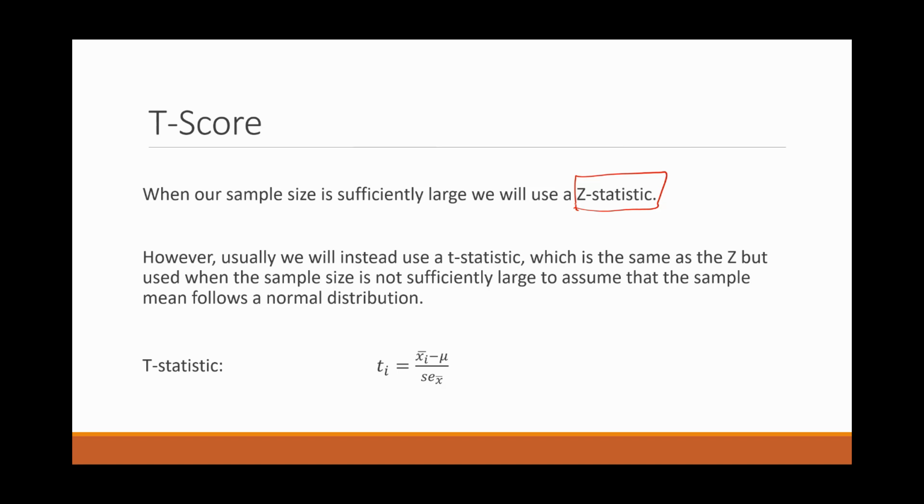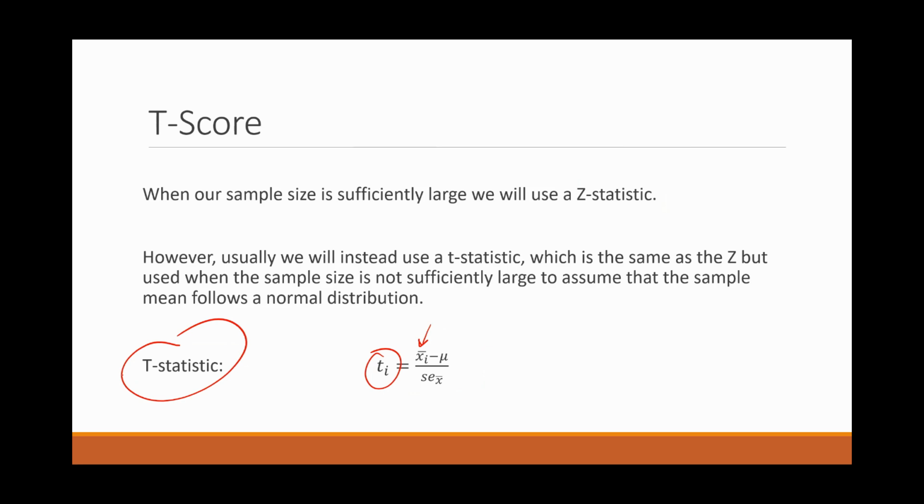That's what we use a z-statistic for. In practice, we also sometimes use a very similar idea called a t-statistic. A t-statistic is actually calculated in exactly the same way, but we use a t-statistic in situations in which our sample size is not sufficiently large. I don't need you to sweat this difference too much. Just know that in practice, more often than not, when we are trying to determine whether or not a value of a variable is an outlier, we use a t-statistic rather than a z-statistic.